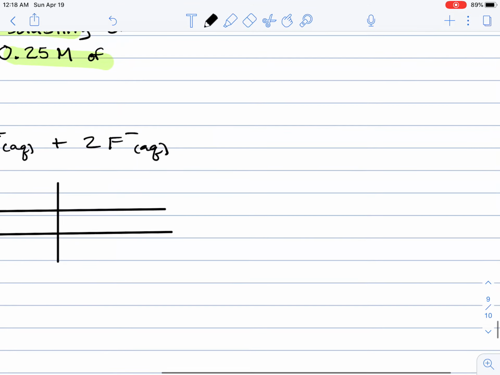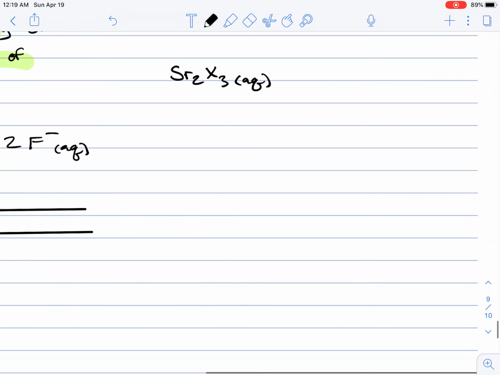Let's take a look at that substance, Sr2X3. Just imagine that this is aqueous. If this is aqueous, it's going to produce 2 moles of strontium and 3 moles of this anion that we don't know and we don't care about.